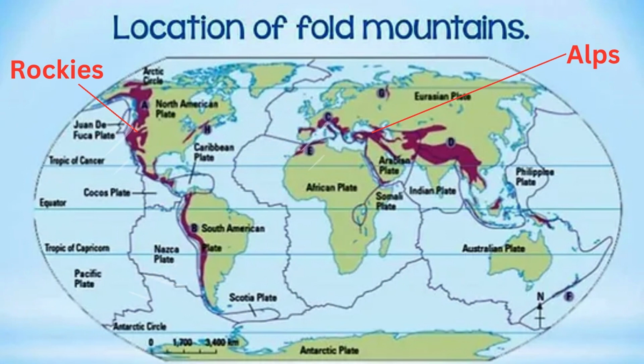The map shows the locations of the main fold mountains of the world. Notice that in North America, the Rockies fold mountains are oriented north to south.